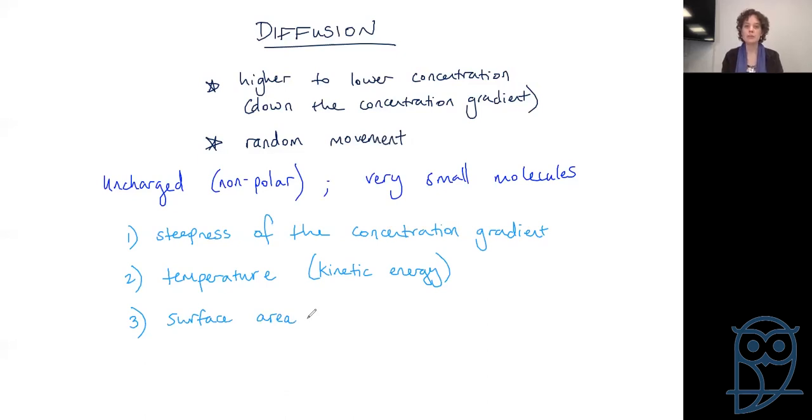Surface area is important, because if you've got a small surface that you're diffusing through, you can't get as much diffusion as if you've got a large surface. So increase your surface area, increase your diffusion. And the last one, which we've already touched on, is the nature of the molecule.